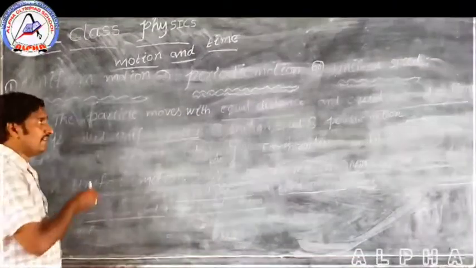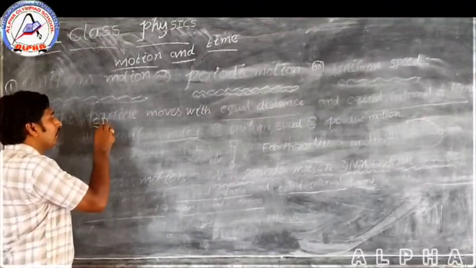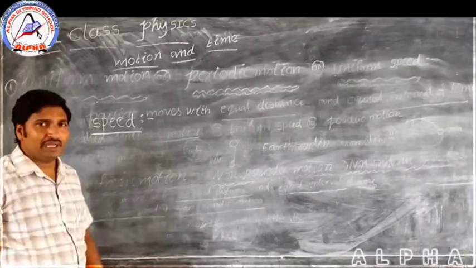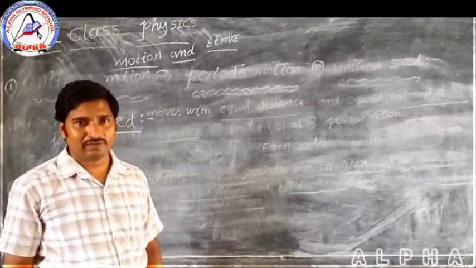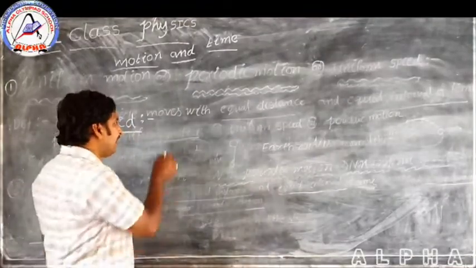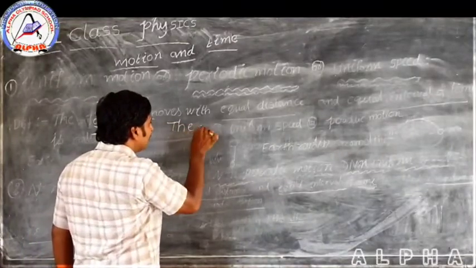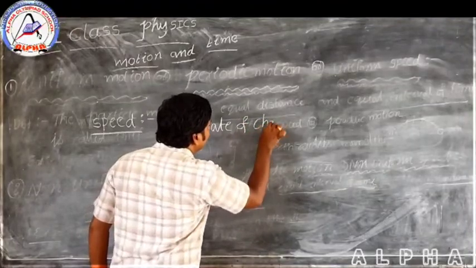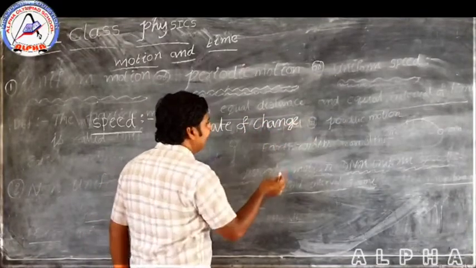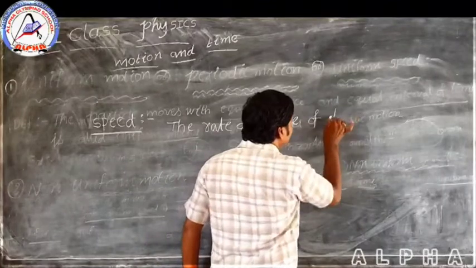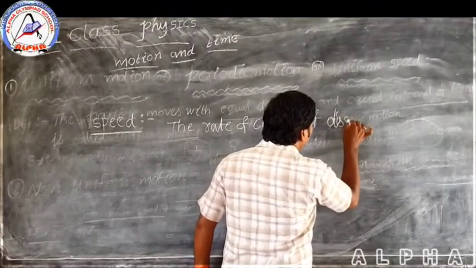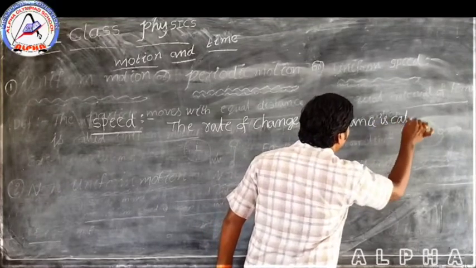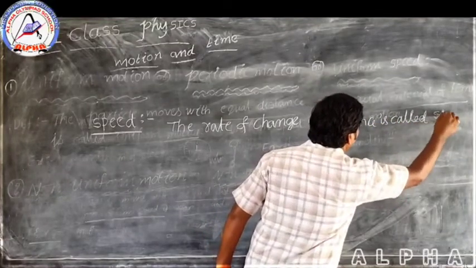Children, speed is defined as the rate of change of distance. The rate of change of distance is called speed.